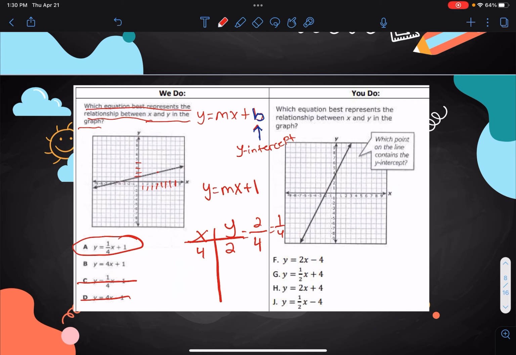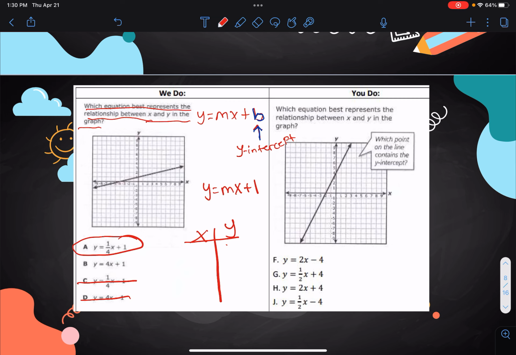So again, you're going to take your x values and your y values from the graph and create a table to figure out your constant rate of change. So the graph is kind of hard to see.